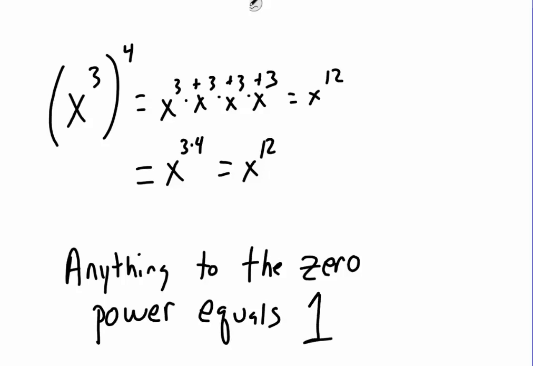I can say that the marker that's in my hand to the 0 power is equal to 1. My hair to the 0 power equals 1. The screen that you're looking at to the 0 power equals 1. So, the long and short of it is x to the 0 power equals 1. xy, in parentheses, to the 0 power equals 1.